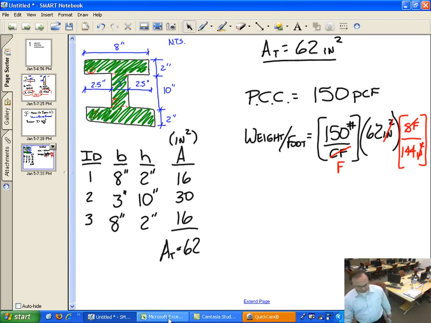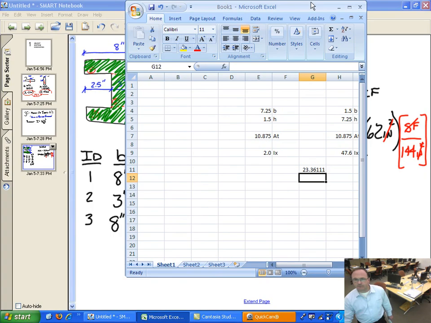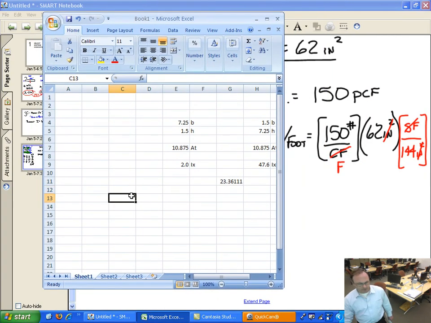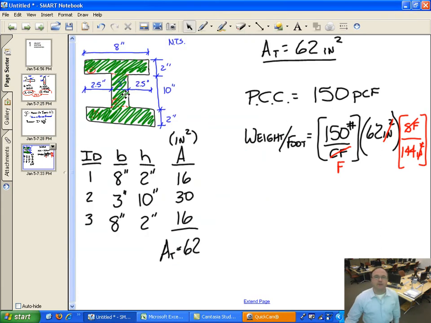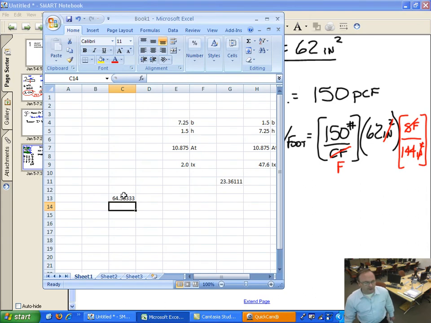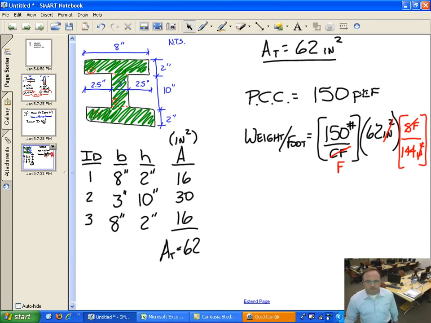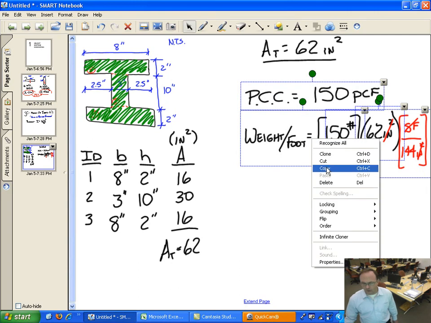And what is that? So we have 150 times 62 divided by 144. So 64.6. So this beam right here, if it's made of concrete, would weigh 64.6 pounds per linear foot. That's how much this beam would weigh if it was made out of concrete. That's why the area is important.